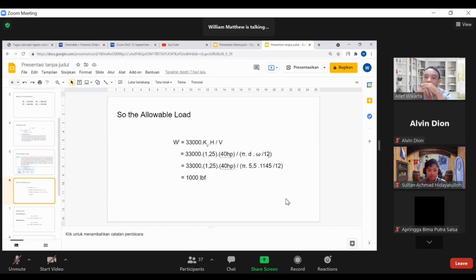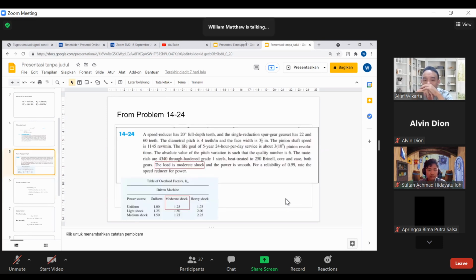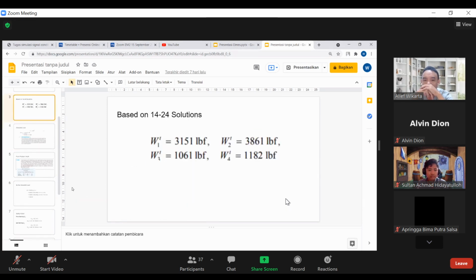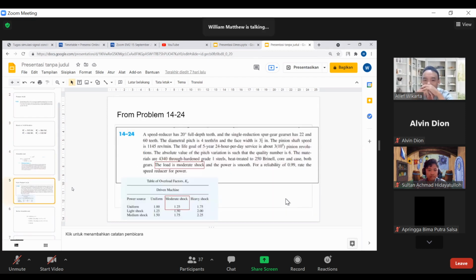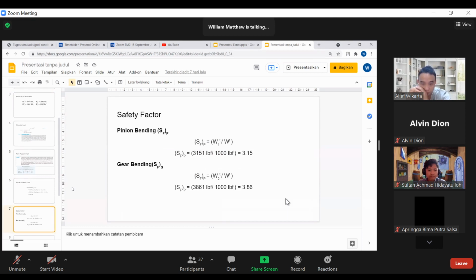This is the conversion to feet and the feet to inch, and then the diameter comes from the previous problem. The diameter is 5.5.